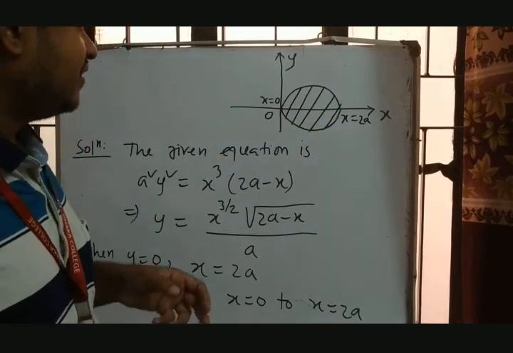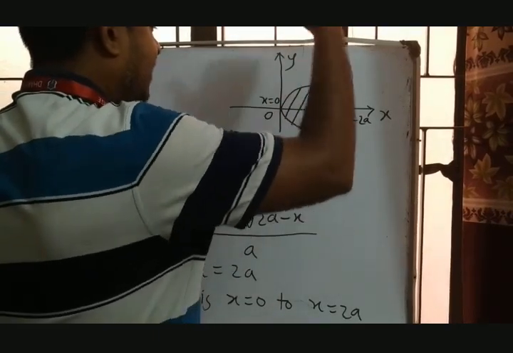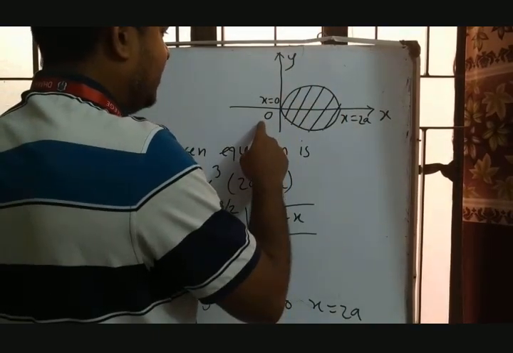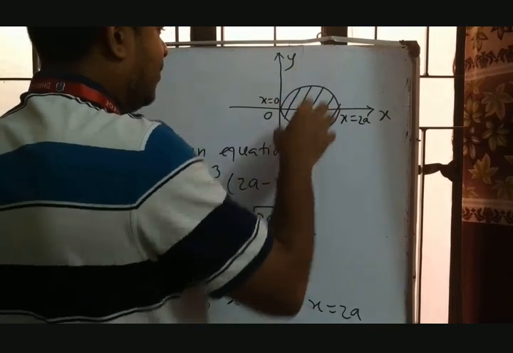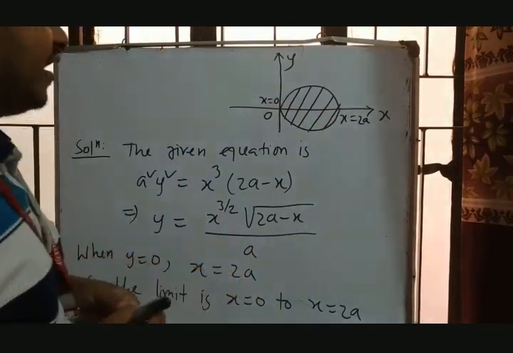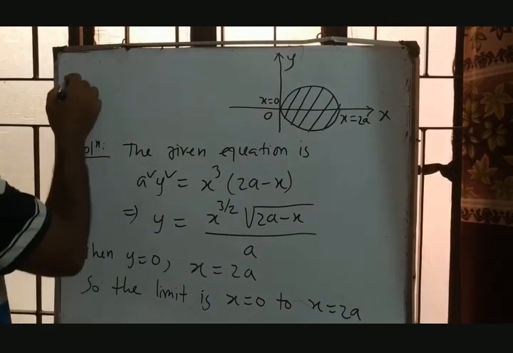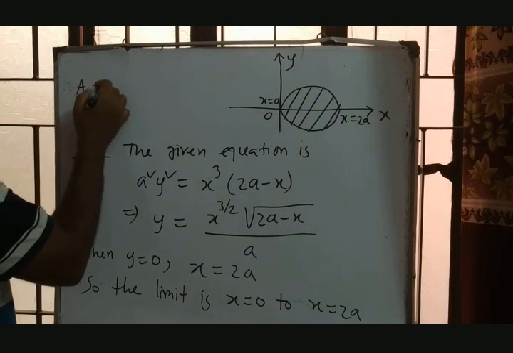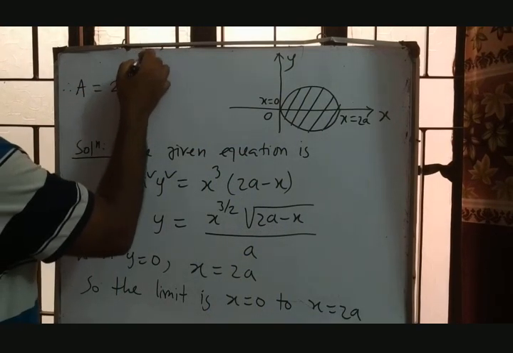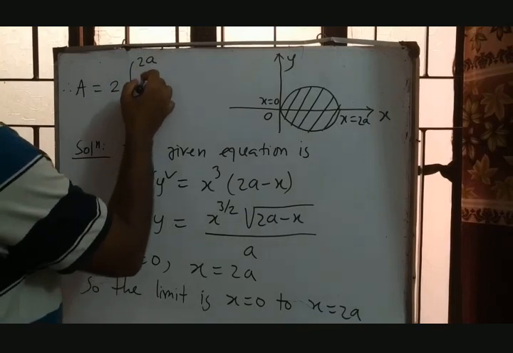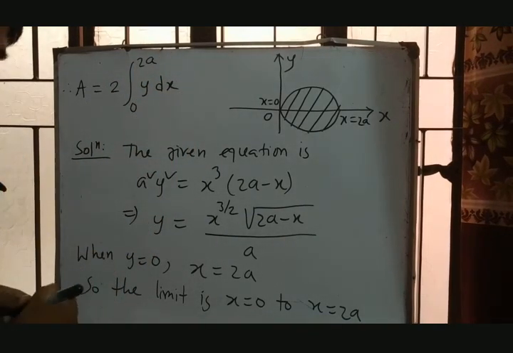So if we find the area above the x-axis from the limit 0 to 2a, we get the whole area if we multiply by 2. So the required area is 2 into the integral from 0 to twice a of y dx.